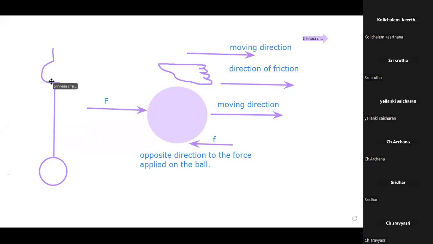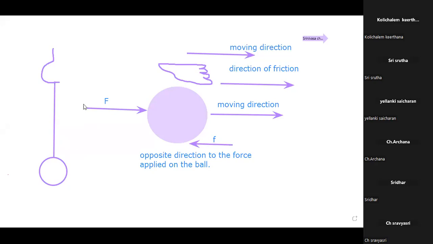The hook is also holding the thread. If you apply more and more force, what happens? If you apply more and more weight on the string, what happens? It will break. The string will break, right? So when force is applied on the string, the same force will be applied by the hook also.